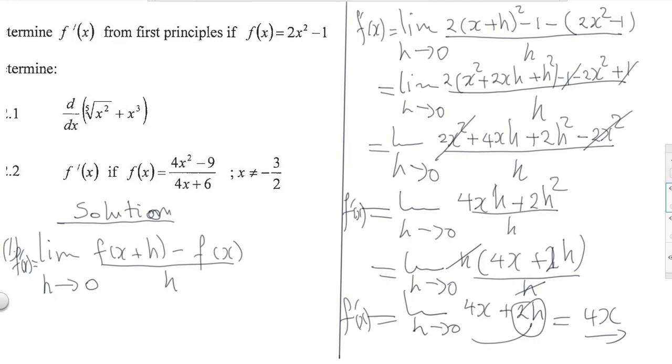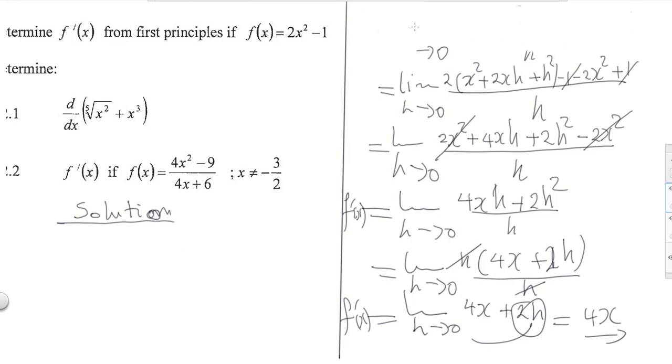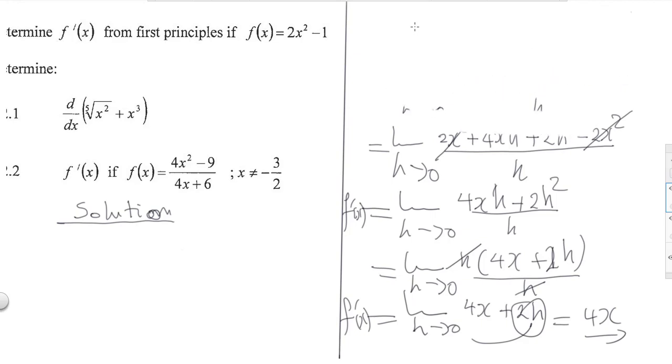All right, now we can look at the next question. Let's remove this. We have the next question now. The next question is no longer derivative from the first principle, but now will be derivatives using rules.